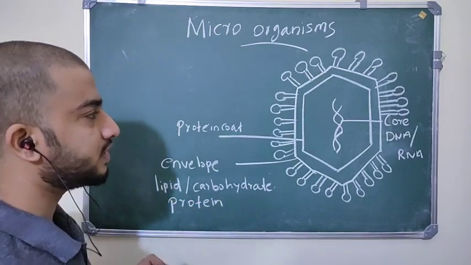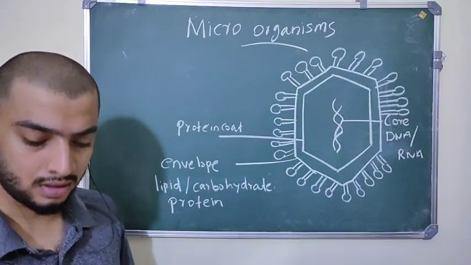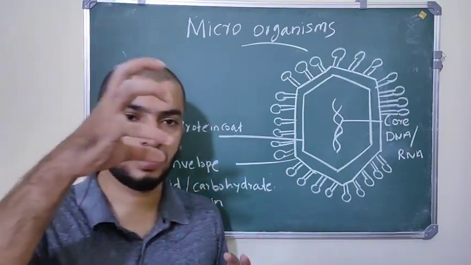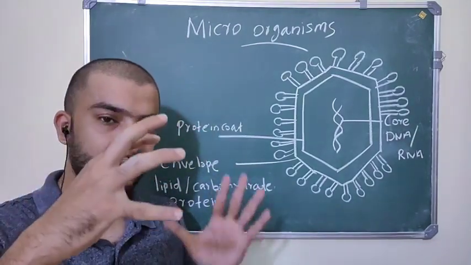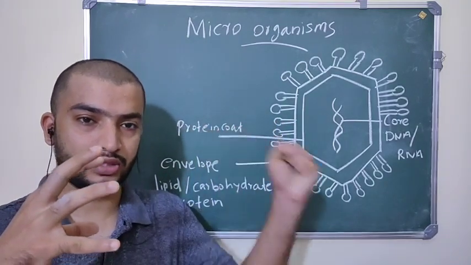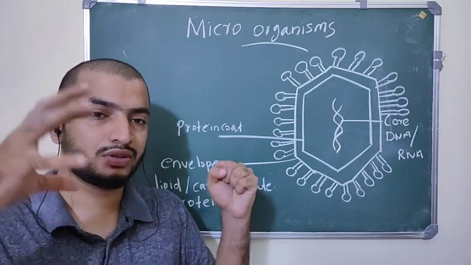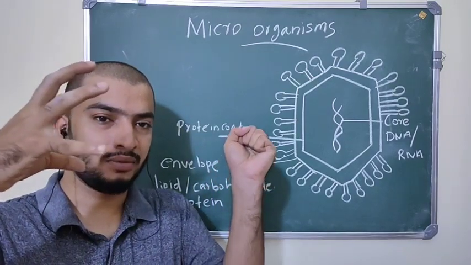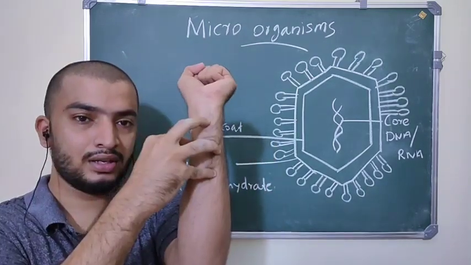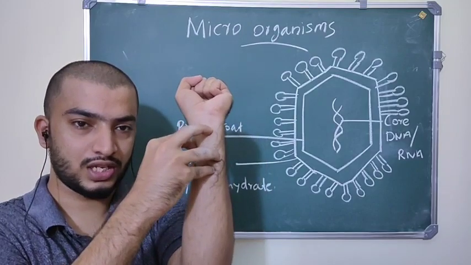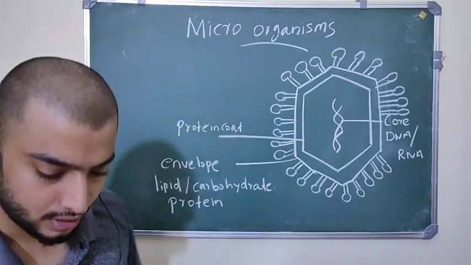So what is the use of this envelope? For example, this is our coronavirus spike. This is our host cell. Host cell means human cell or animal cell. The coronavirus comes and uses this spike to attach to the host cell. This is the use of the spike.